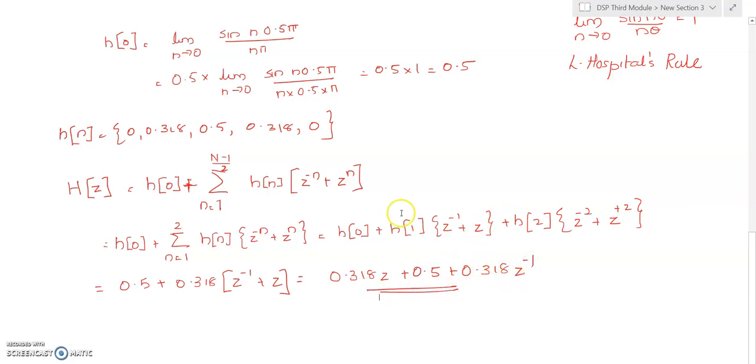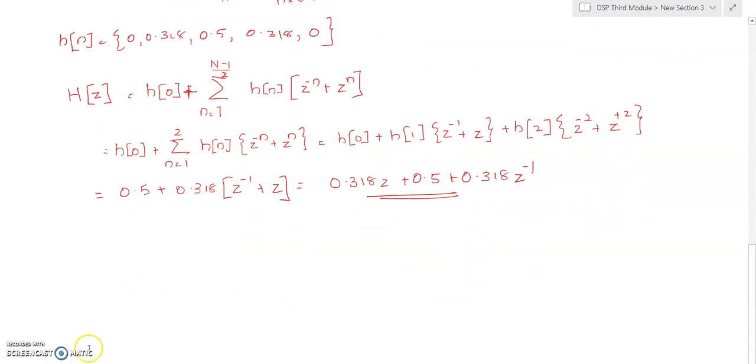And there is one more step for this particular thing. What we have done is we have obtained the transfer function over here. Without doubt, we have obtained the transfer function. But there is one more thing that we need to obtain, that is a realizable transfer function.